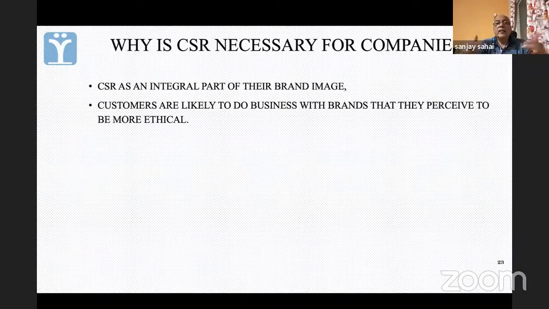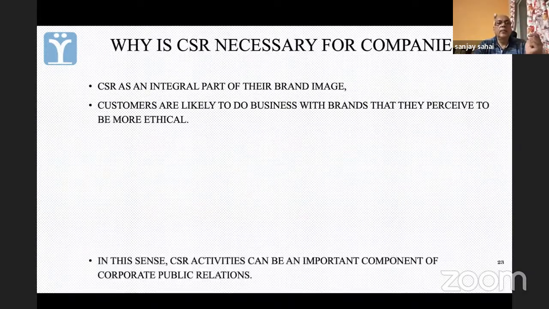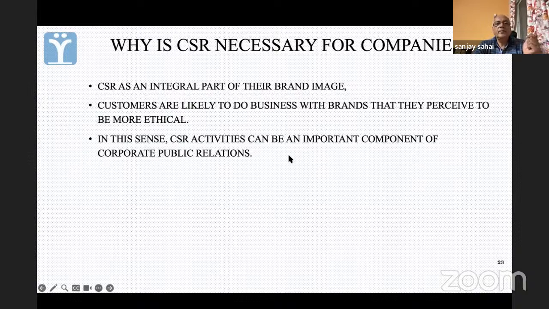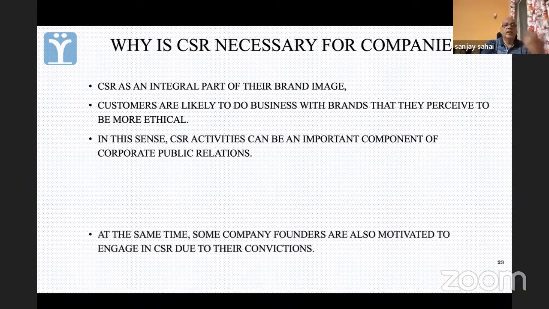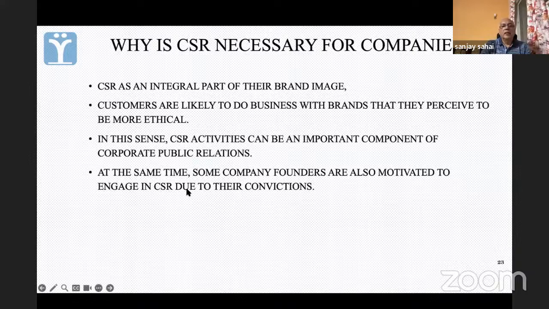And that has an impact on the brand. So ultimately, the CSR activities become a component of the company's public relations. The relations it has with the public.